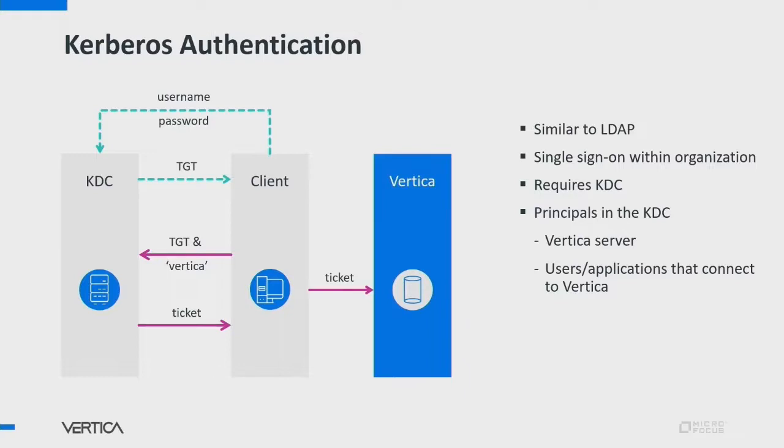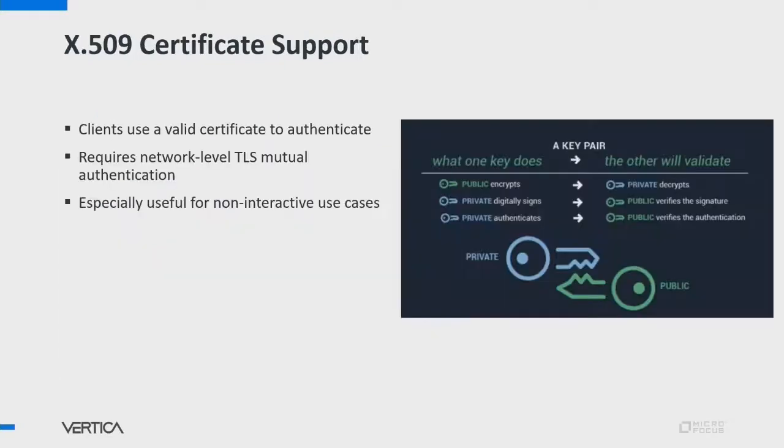As shown on the slide, after a user gets the valid TGT, the client connects to KDC and gets a ticket to access Vertica within a particular session. A principal in Kerberos is a unique identity to which Kerberos can assign tickets. They should be created in the KDC for Vertica server, users, applications that connect to Vertica.